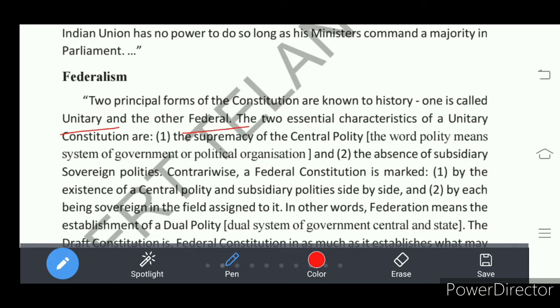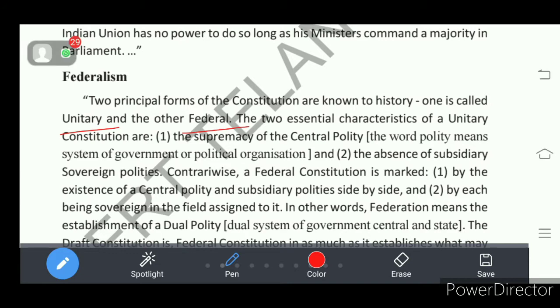So, which of these two forms of constitutions do we find in the draft constitution? Whether the draft constitution is a unitary form of constitution or a federal form of constitution.